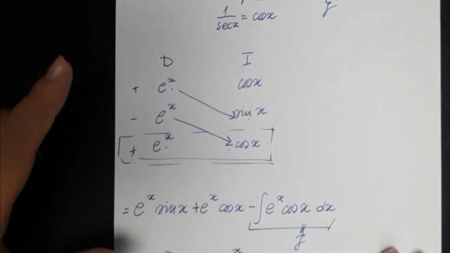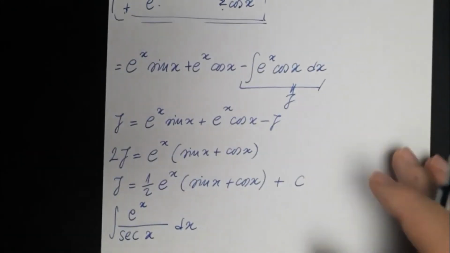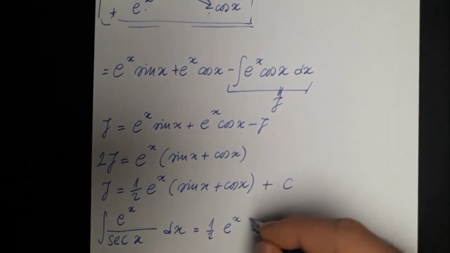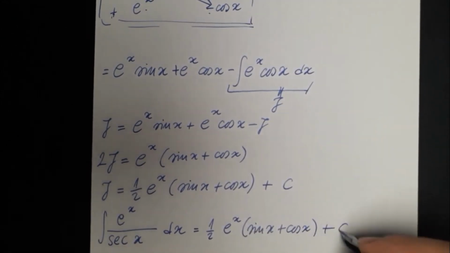When we return, we see that the integral of e to the power x divided by secant x dx is equal to 1/2 e to the power x times sine x plus cosine x plus c.